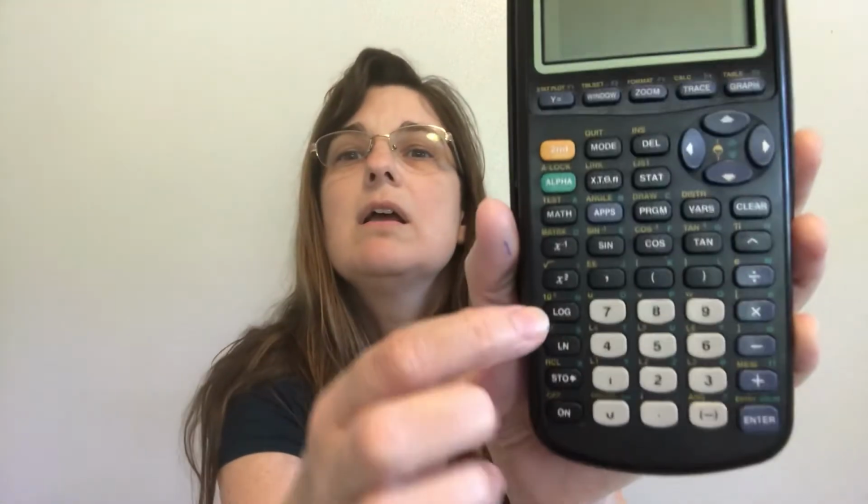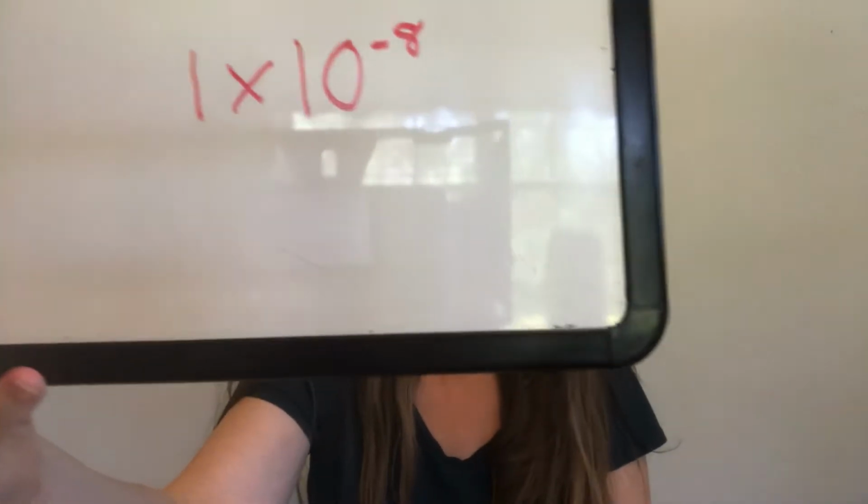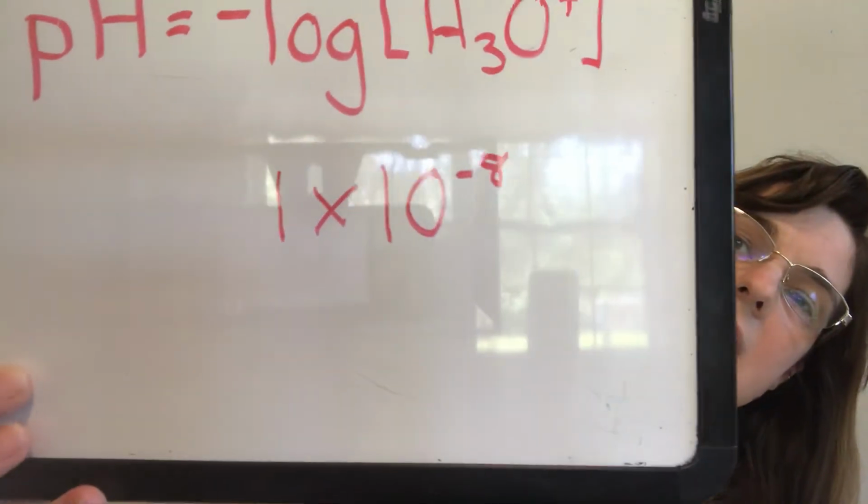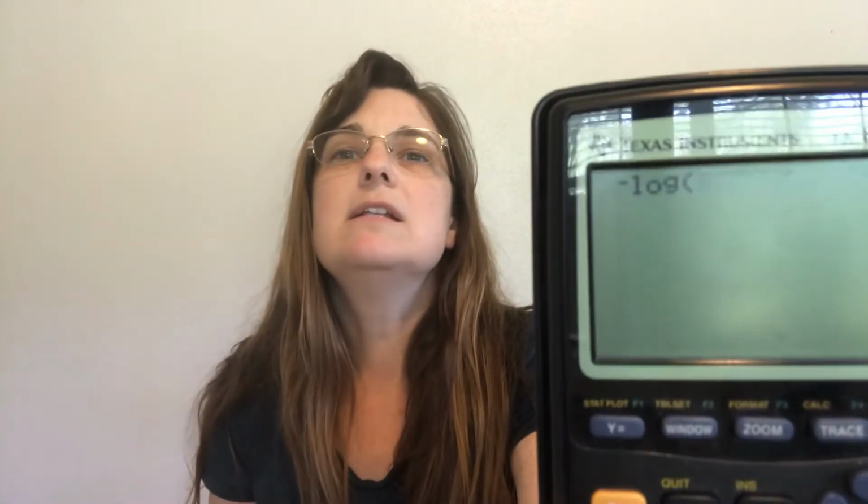If you look here, you have a log key on your calculator. See it? Okay, so if I want to figure out the pH when the hydronium ion concentration is 1 times 10 to the negative 8, I would need to do the negative log. So I'm going to do negative, and then hit the log key. When I do that, it just bumps up a thing.